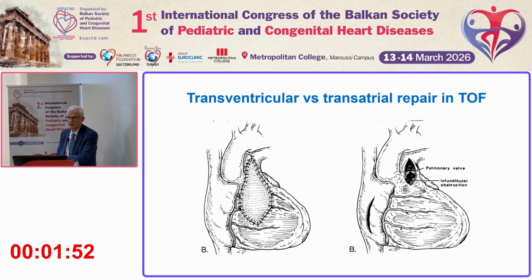Focusing a little bit on the tetralogy patients, as you can see with the old-style operation, which involved a very large transannular patch, this was causing severe pulmonary regurgitation and damage to the coronary vasculature of the right ventricle, and all of this created a large arrhythmic substrate.